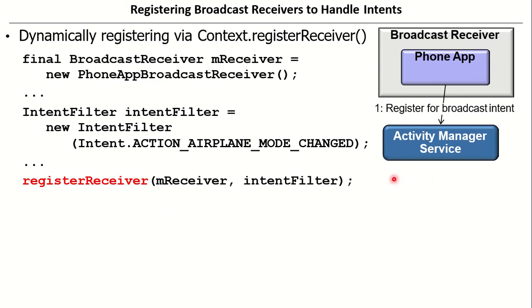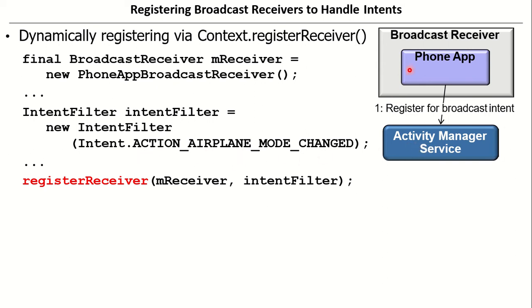So let's say the user has changed the airplane mode, a message or an intent from one of the services will be generated. It will be sent to the activity manager. Now the phone application has already called register receiver to the activity manager for getting the information regarding this airplane mode change intent.